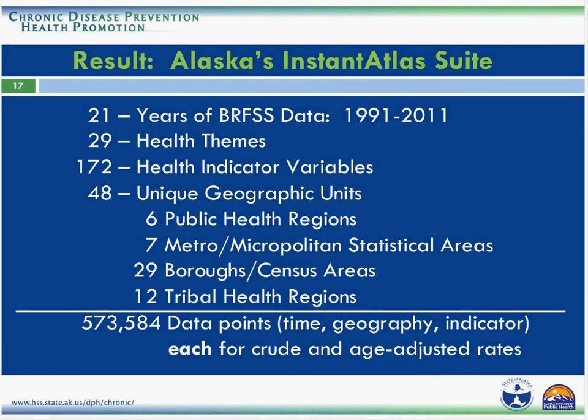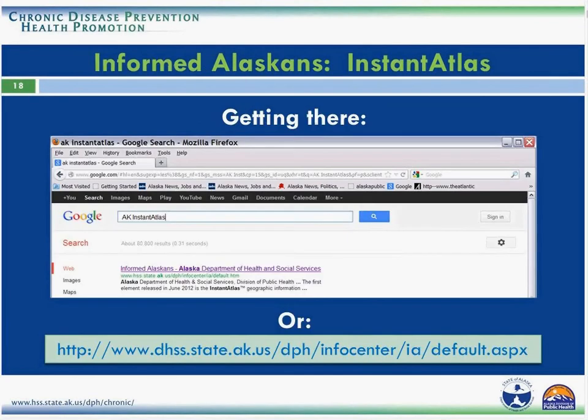Once we've created our XML files, we can go through the InstantAtlas publisher, and then we have a range of templates that we can use to put the data files into our presentations. So the end result is that by using this process, we are able to summarize all 21 years of the BRFSS data.